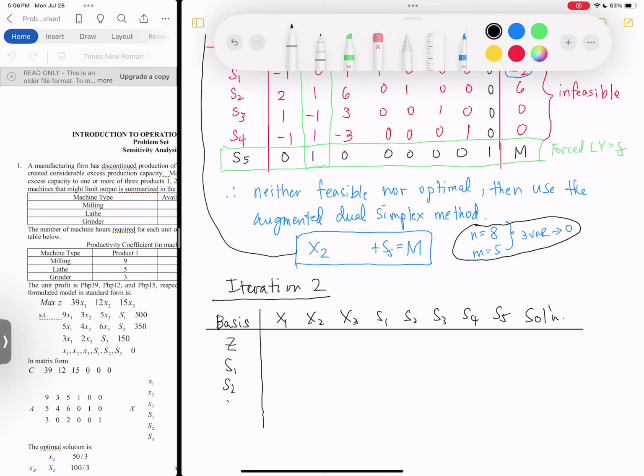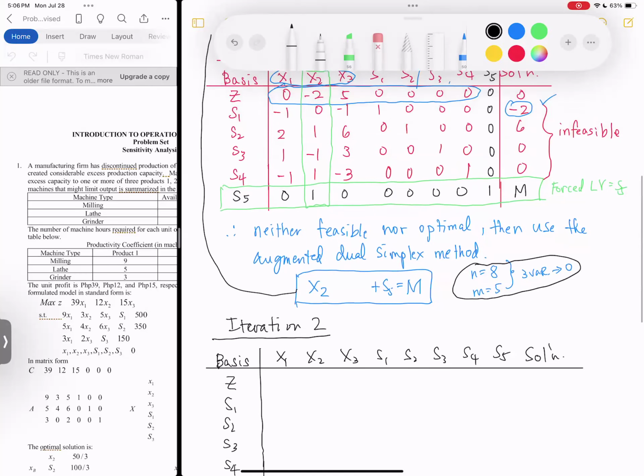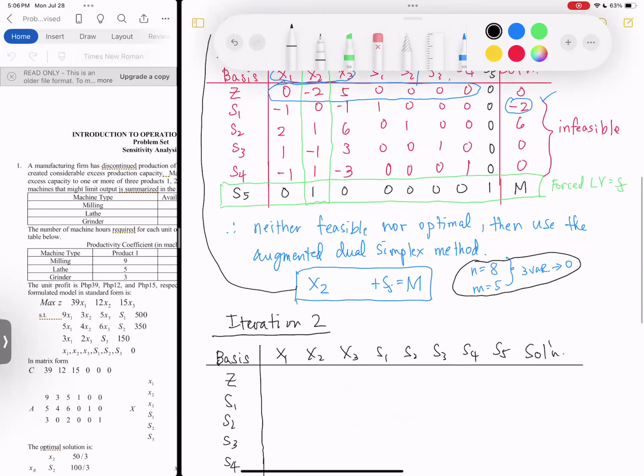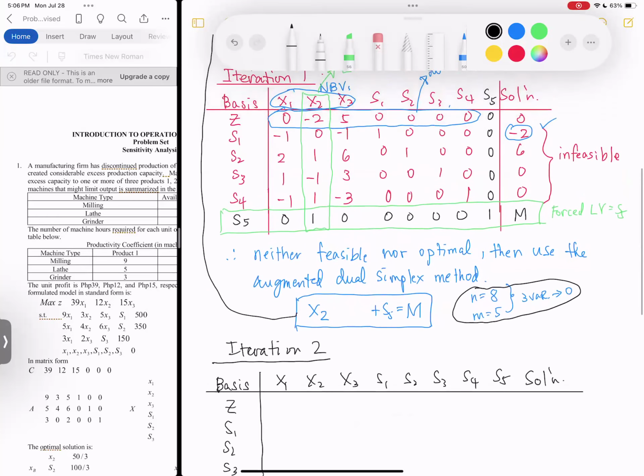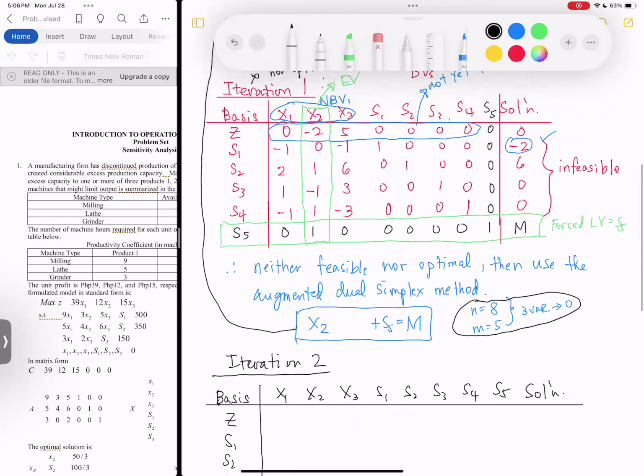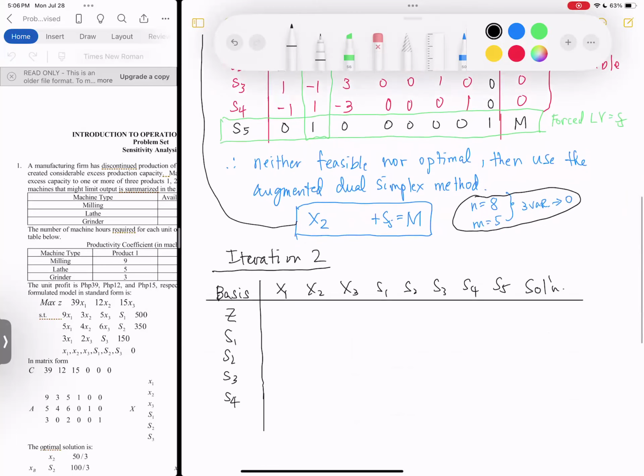S1, S2, S3. So I need your help. We no longer have row 1, row 2, row 3, row 4, to give me my values. But what will be in place of S5? You will have, anyone? X2, sir. Okay, X2.